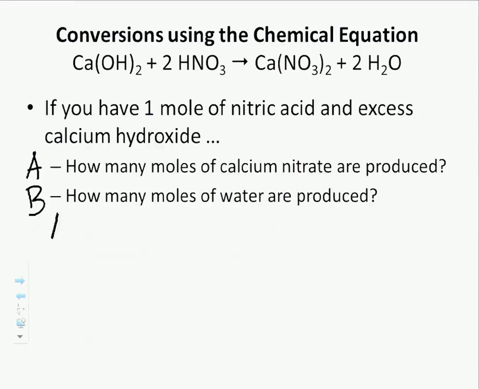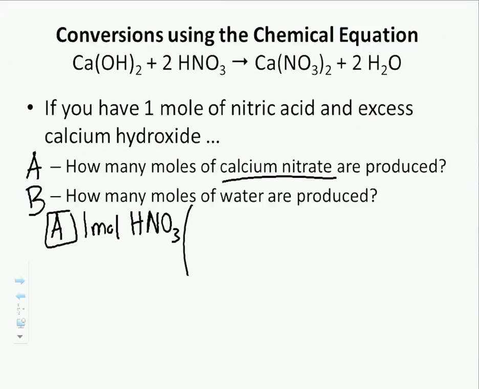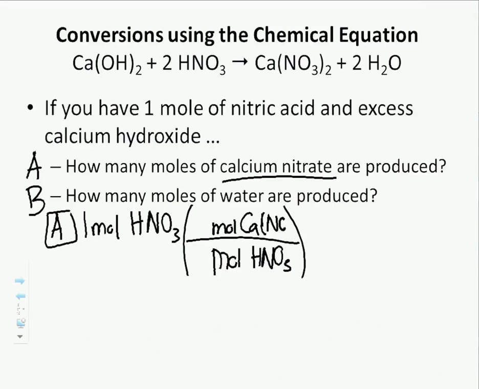Okay, let's discuss this. So for A, we're starting out with 1 mole of nitric acid, and we're converting it to the number of moles of calcium nitrate. So what that tells us is our moles of nitric acid goes on the bottom, and our moles of calcium nitrate are on top.